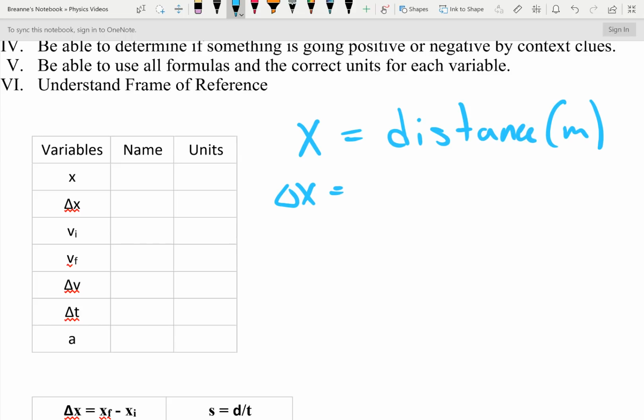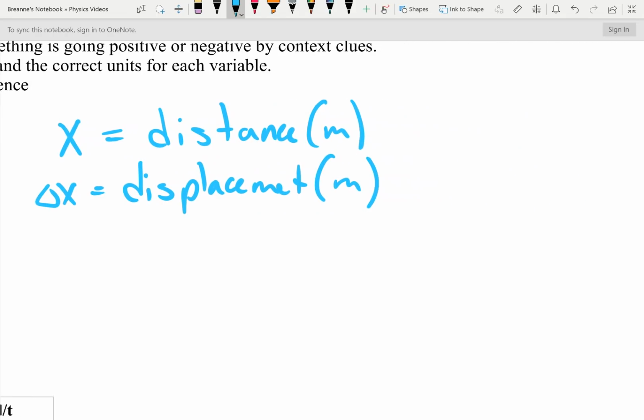Delta x is your displacement. That's also measured in meters. If you're looking for distance or displacement, the question might be, how far? So it's asking for how far, it could be distance or displacement.